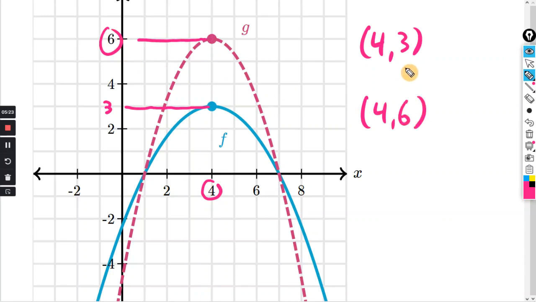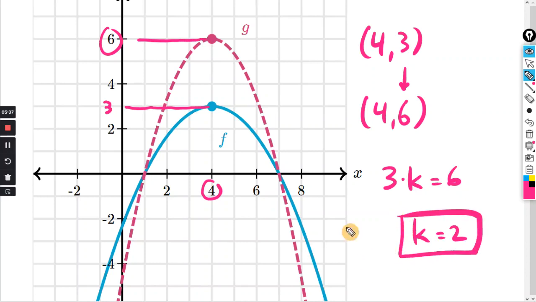So how do we get from 3 to 6 in terms of multiples? Basically, we're asking 3 times what equals 6? Well, of course, k is just 2. They're multiplying the whole function by 2. And that makes sense. See the one in pink? It is vertically stretched because it's going to increase faster because it's multiplied by 2.